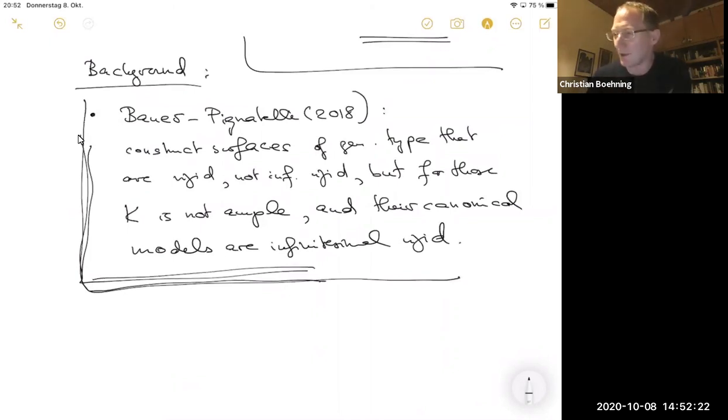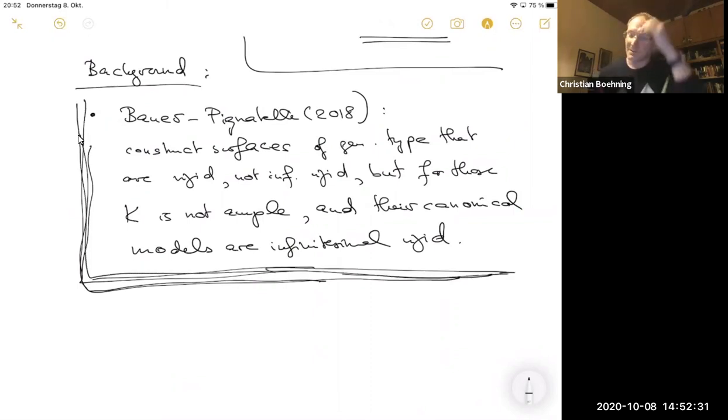In which way is our example an improvement over theirs? Well, one may wonder whether this presence of -2 curves, and this fact that one resolved an infinitesimally rigid canonical model, is the only way such manifolds can arise.